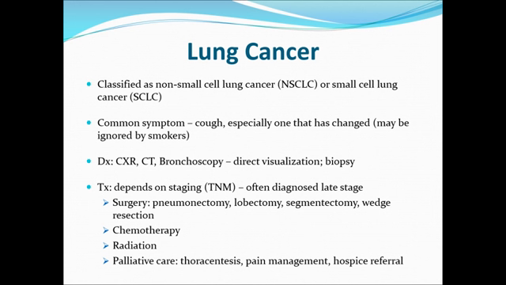If they're doing surgery, it can vary from removing the entire lung, removing a lobe, removing a certain segment or a wedge, chemotherapy, radiation. A lot of your lung cancer patients are using these things for palliative care. They may require thoracentesis to drain fluid that builds up as a result of the malignant cells. But a lot of times when we're looking at palliation, we're looking at pain management and a hospice referral.